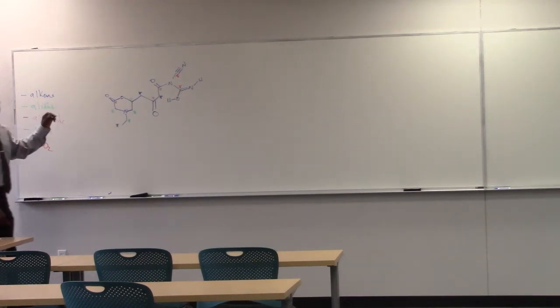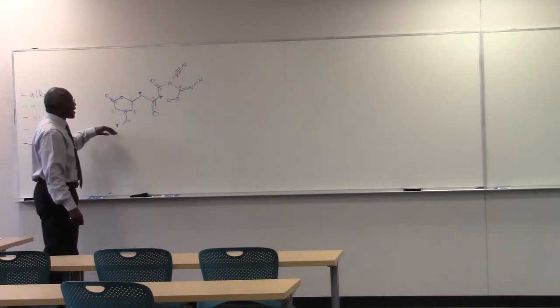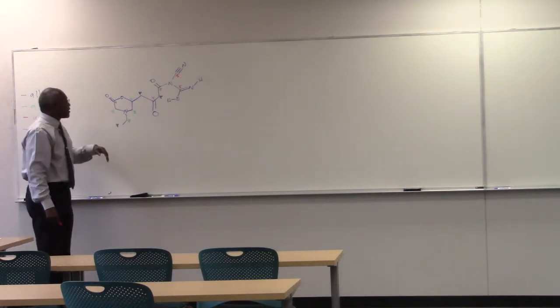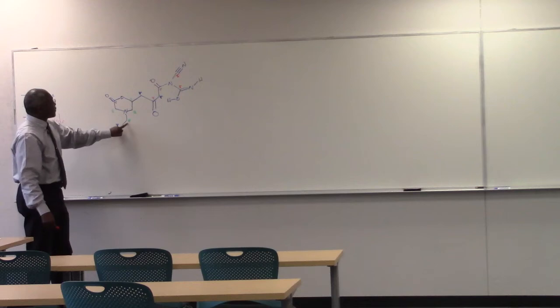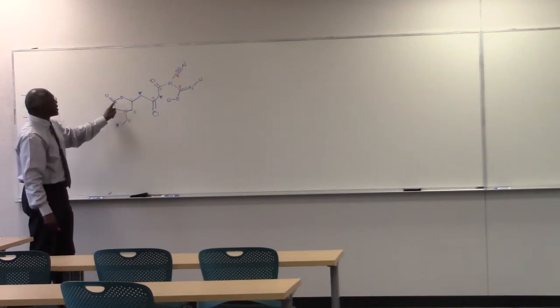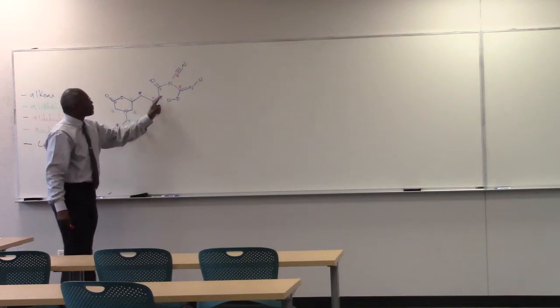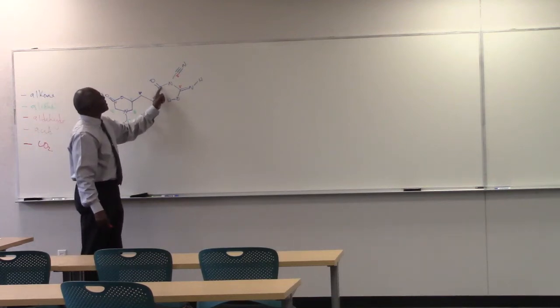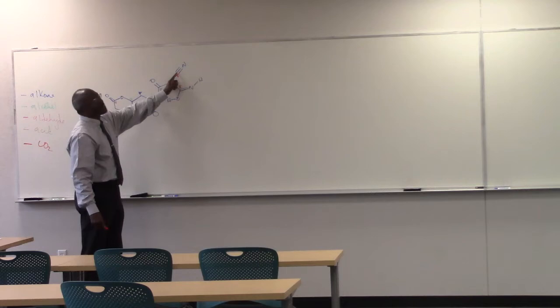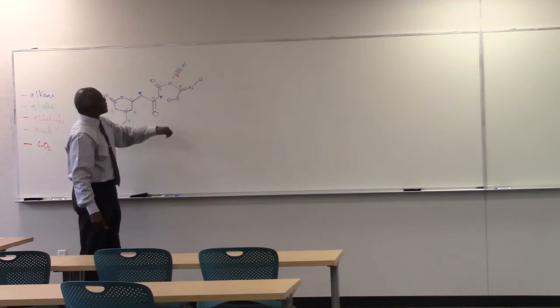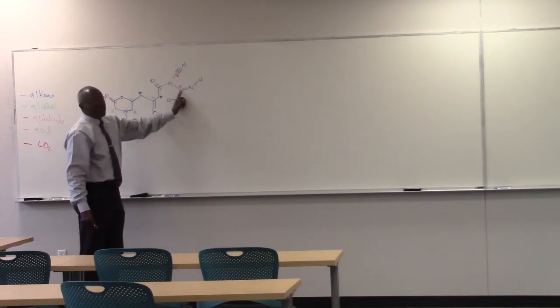I could also, by the way, ask for hybridization states of the carbons. So that's sp3, sp3, sp3, sp3, sp2, sp3, sp3, sp2, sp3, sp2, sp, because they've got 2 pi bonds, and it's also sp2.